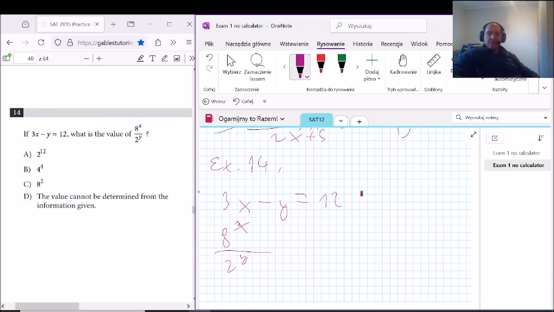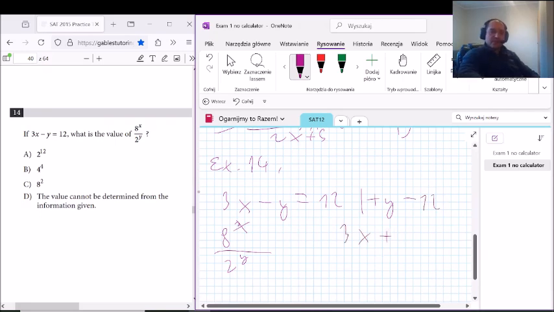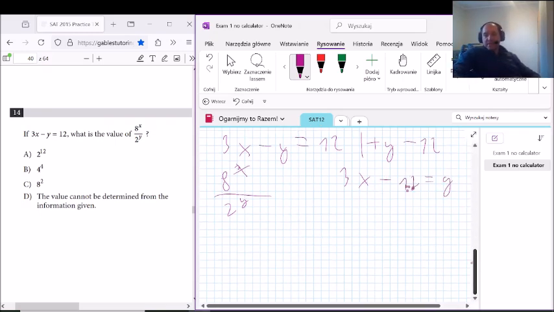So for example, we can add y and subtract 12, and we will get 3x minus 12 is equal to y. And now instead of y we can write 3x minus 12. So we will get 8 to x divided by 2 to the power of 3x minus 12.